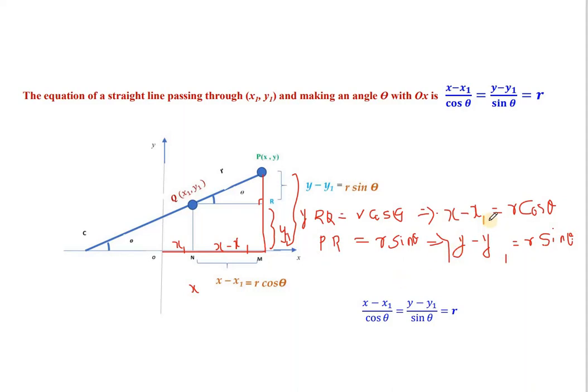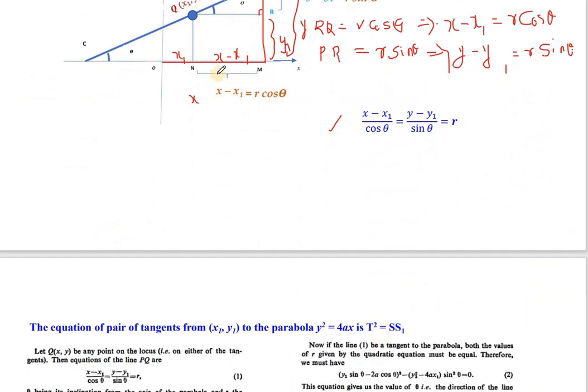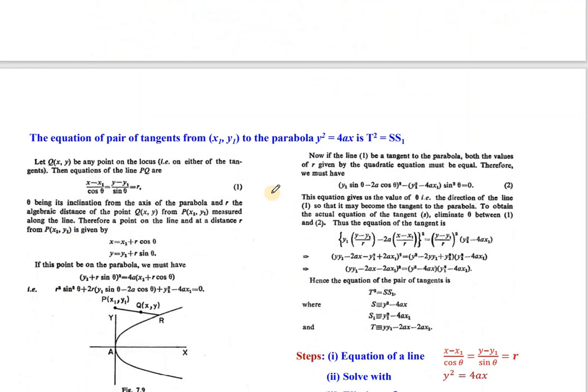So using this, (x minus x1) by cos theta is equal to r, (y minus y1) by sin theta is equal to r. These two together give us the equation of this line which makes an angle theta and passes through the point (x1, y1).